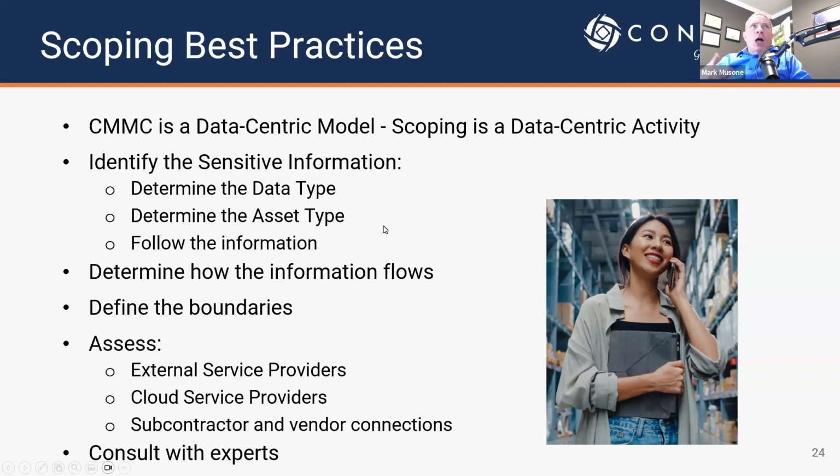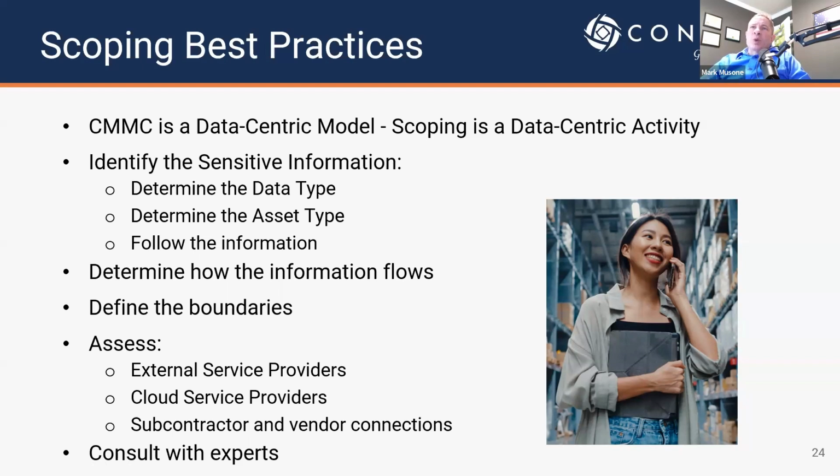One of the unsung heroes of CMMC, which is not very clear to a lot of people, is that CMMC is really trying to force contractors to understand and be conscious of where their CUI is.